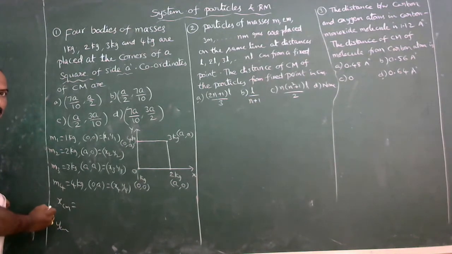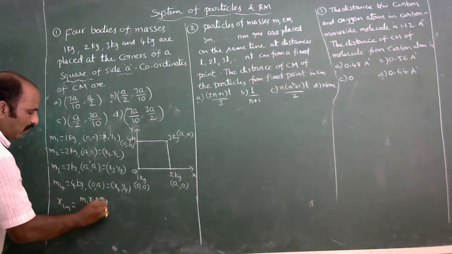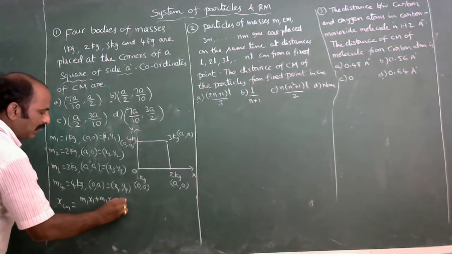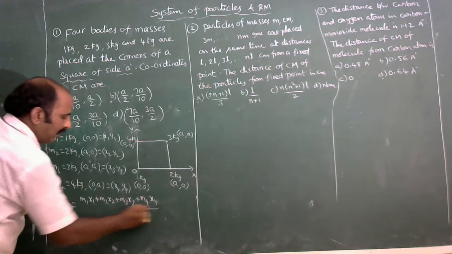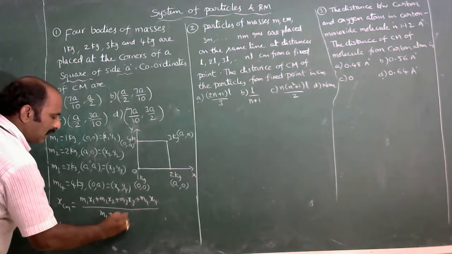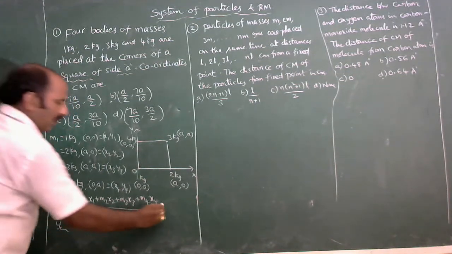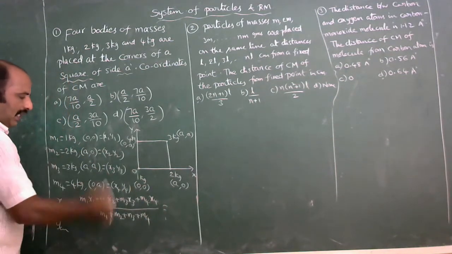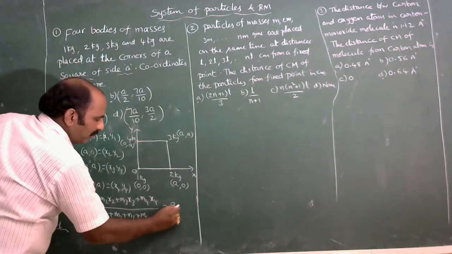Now coordinates of center of mass are nothing but xcm and ycm. What is the formula for xcm? m1 x1 plus m2 x2 plus m3 x3 plus m4 x4 by total mass m1 plus m2 plus m3 plus m4. So all these values are substituted here and we get A by 2.